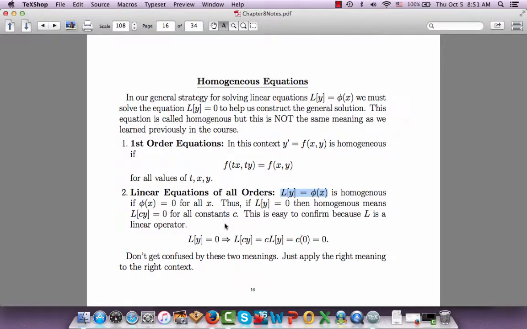It's this property that allows us to solve the homogeneous part of the problem. And when we find those solutions, we can multiply them by any constants we want, and we still get a solution. So this is what allows us to introduce those constants, C1, C2, and so on, so that we can construct our general solution.